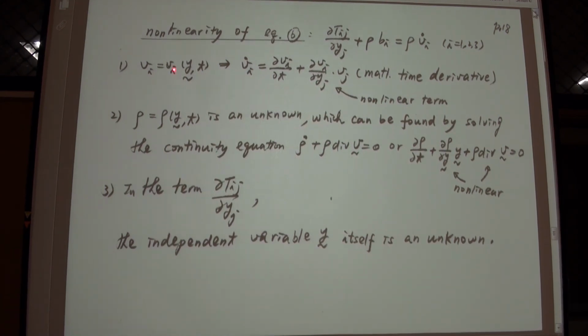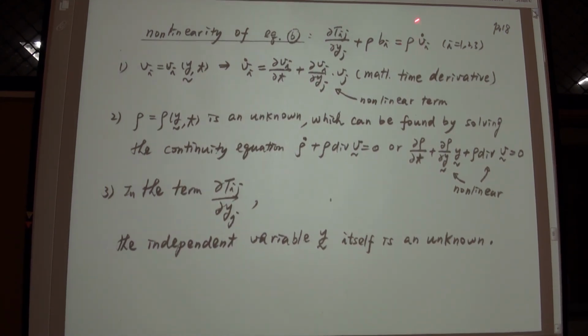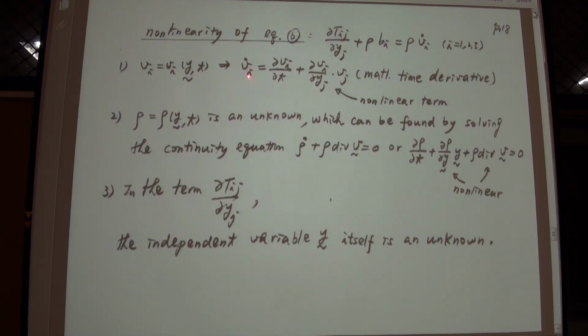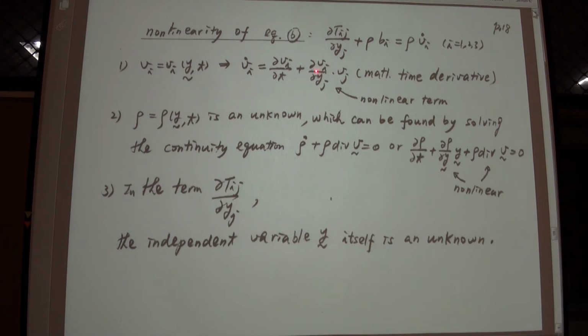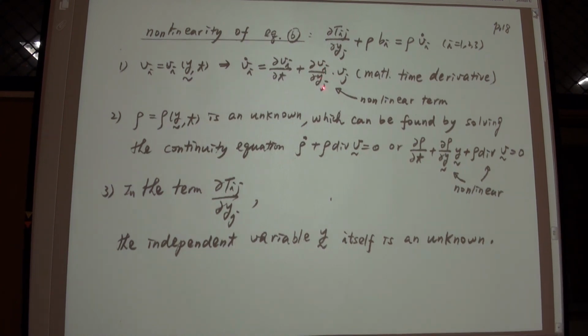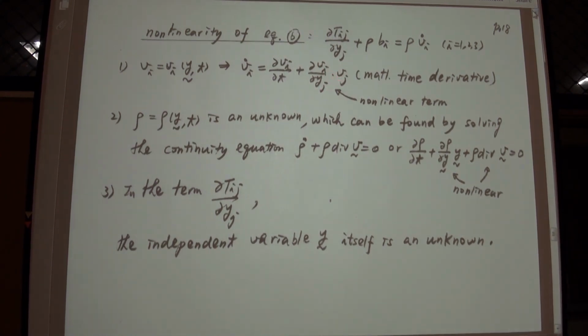Look at this term, the inertial force. We have the material time derivative, as we mentioned before. We write it down here. See this term, especially the second term, partial vi partial yj, times vj.